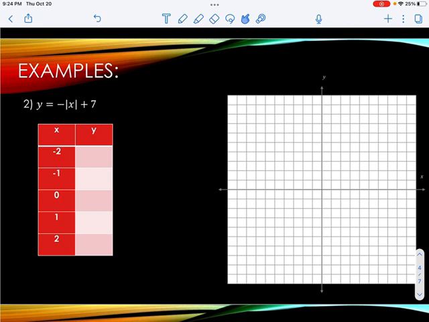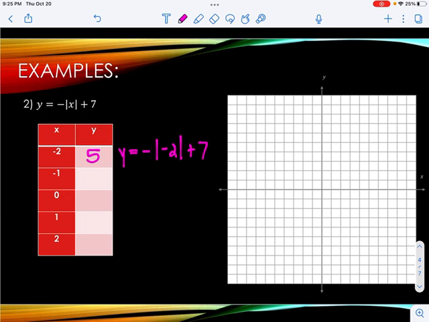Okay, let's try number 2. On number 2, we do the same process. We start off and we say, okay, y equals the negative of the absolute value of -2, plus 7. When we work that out, the absolute value of -2 is 2, but it's the negative of that, so that makes it -2 plus 7, and that would be 5.